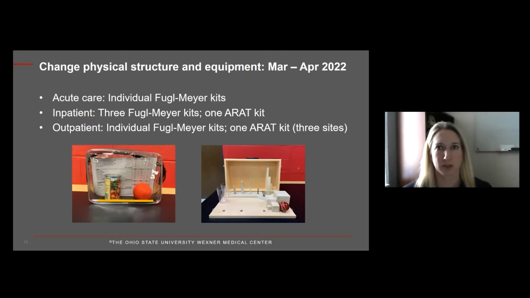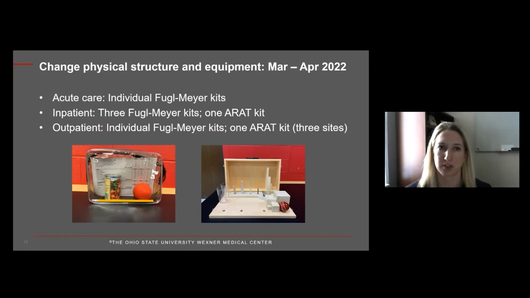As for changing the physical structure and equipment, as I mentioned before, both of these assessments have their own sets of equipment that come with them. And I should mention that in the acute care setting, our acute care practitioners are only implementing the Fugl-Meyer. It just is not feasible, based on the nature of acute care, for our practitioners to take a patient to a central therapy location and administer something that's a little bit more cumbersome to transport, like the Action Research ARM test.